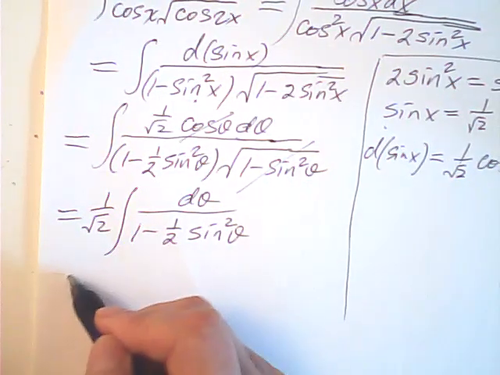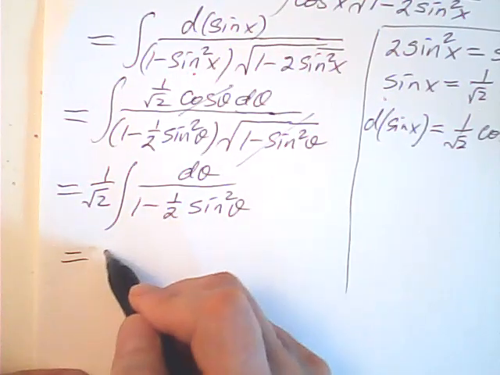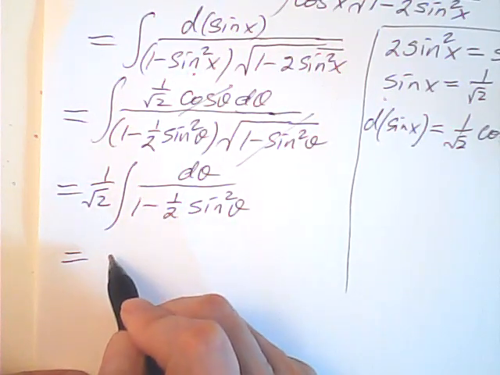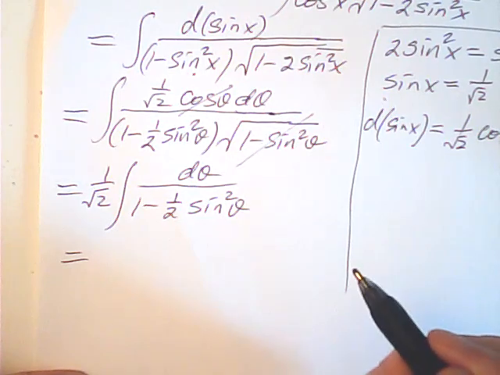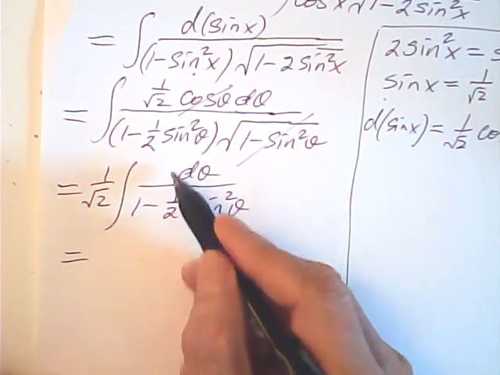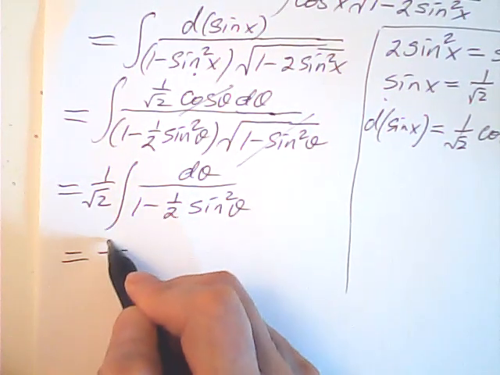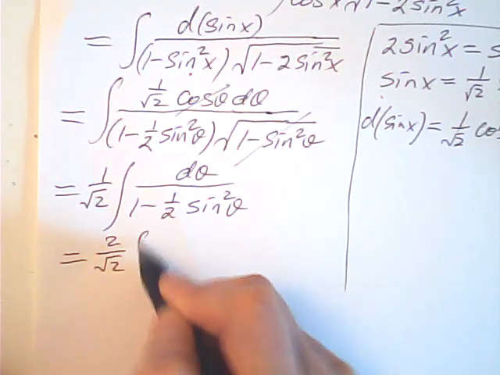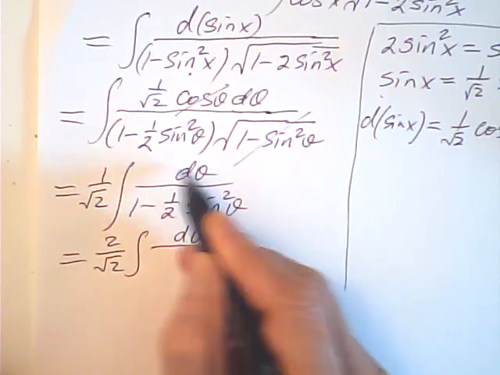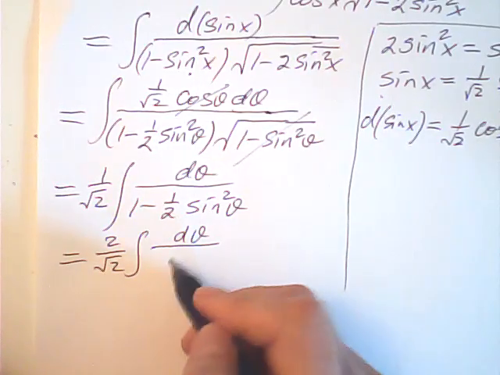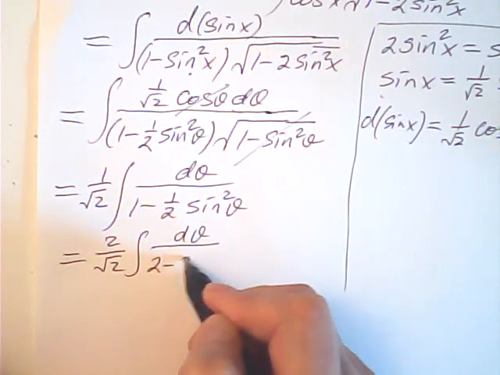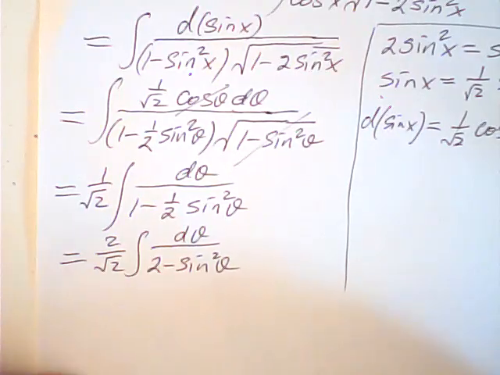Yeah, this will equal to, well, multiply by 2 both top and the bottom, times 2 on top, times 2 on bottom. This is 2 minus sine square theta, right?